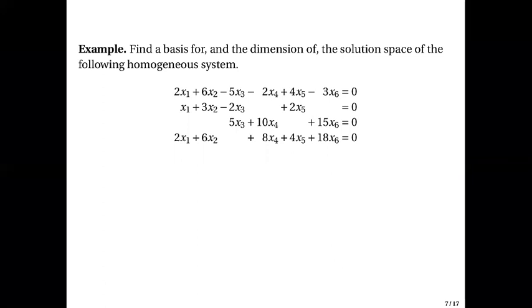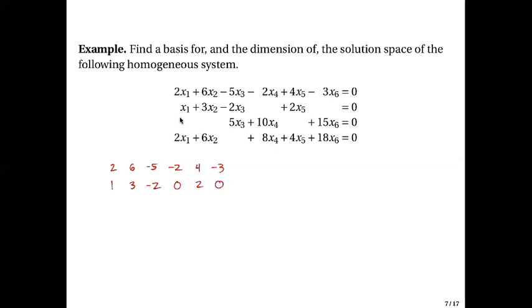So for the matrix of coefficients, you have 2, 6, -5, -2, 4, -3. For the second row, we have 1, 3, -2, 0, 2, 0.